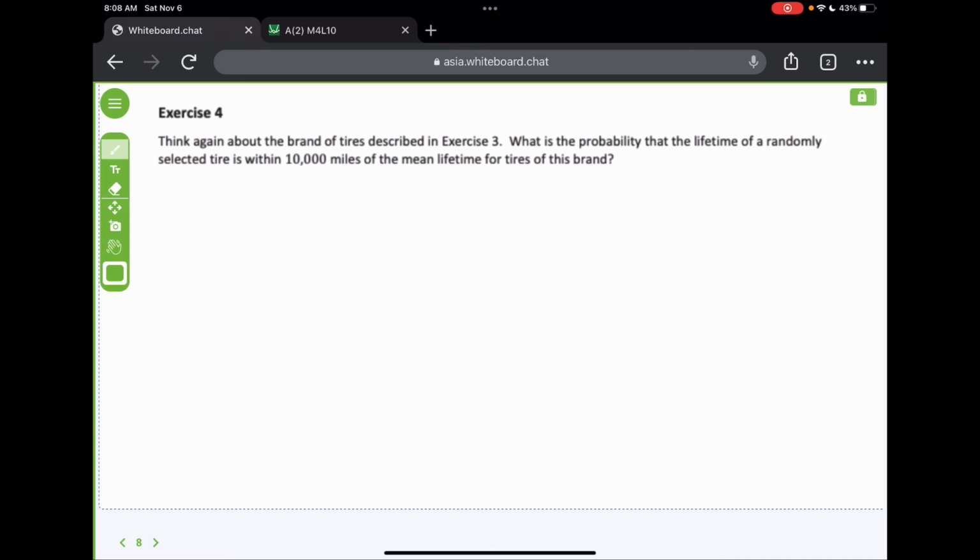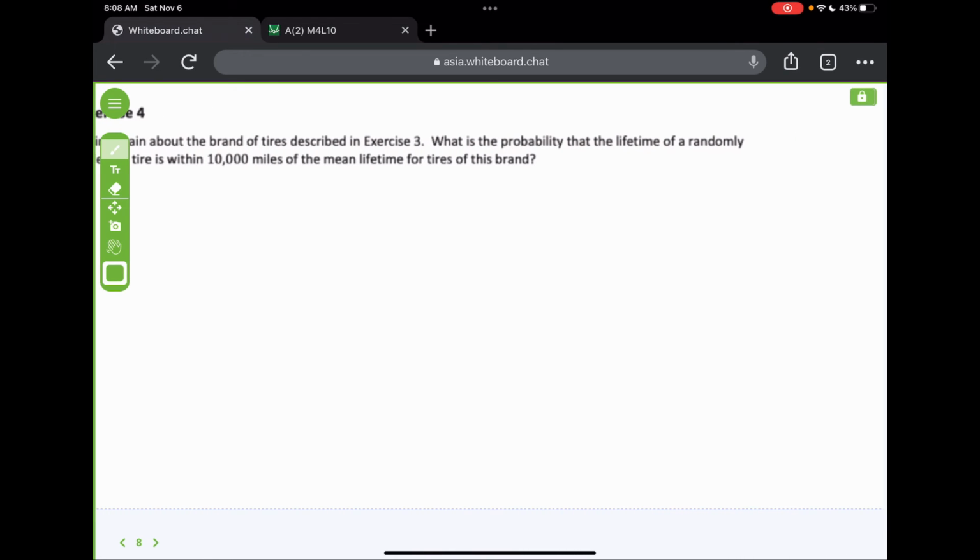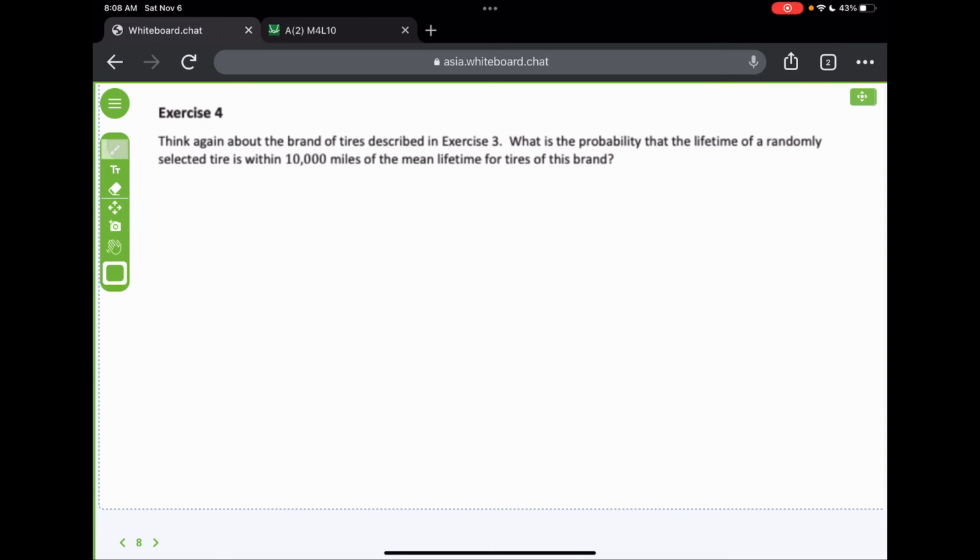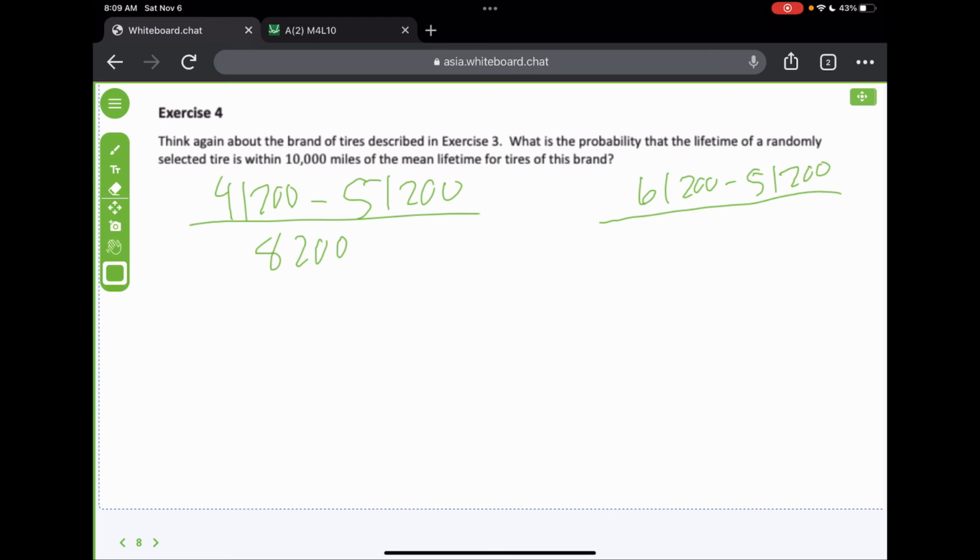So our mean was 51,200. So to the left of that would be 41,200 minus 51,200 over 8,200. And then the other one's going to be 61,200 minus 51,200 over 8,200.